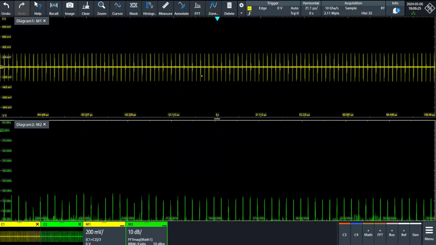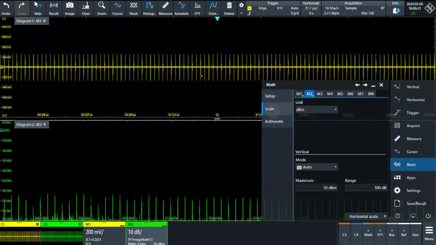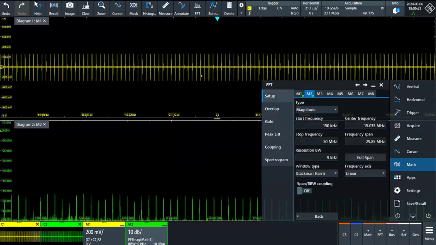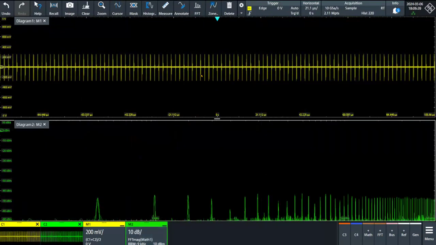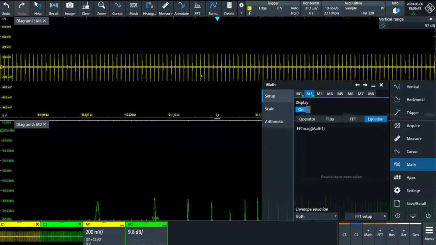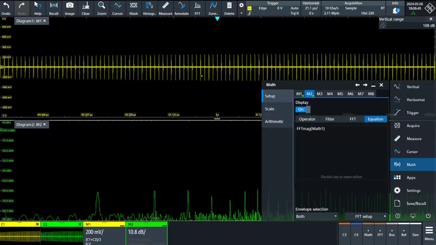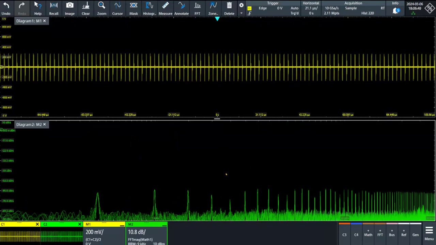And now in math number 2, that is the FFT of this calculation, we can go to the horizontal scale and put it in logarithmic way. So what you can see is that in my measurements, this is the contribution of my emissions in the common mode.